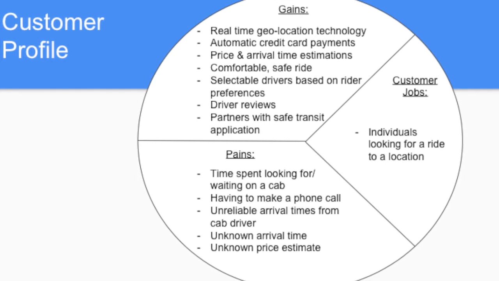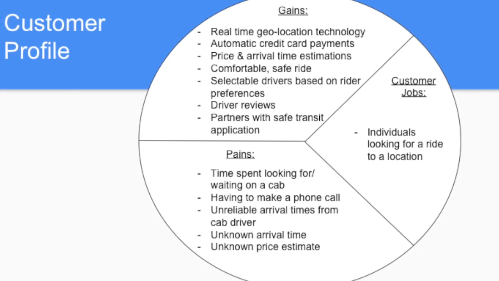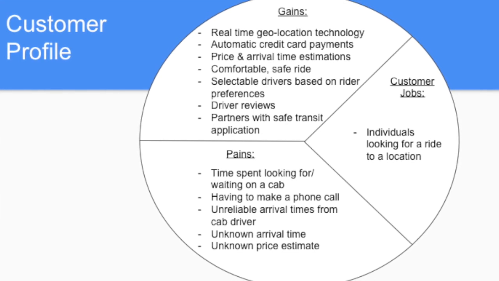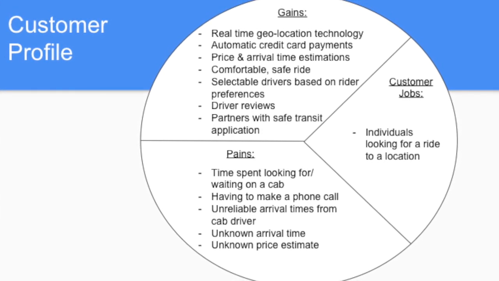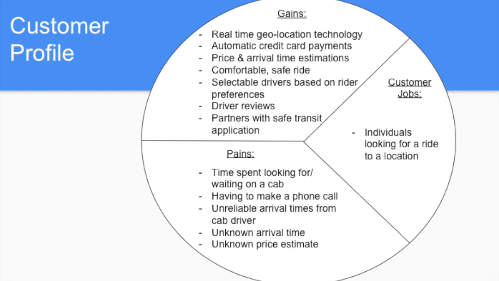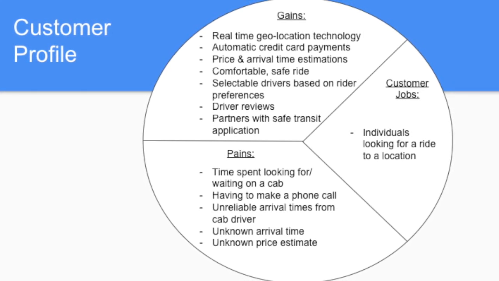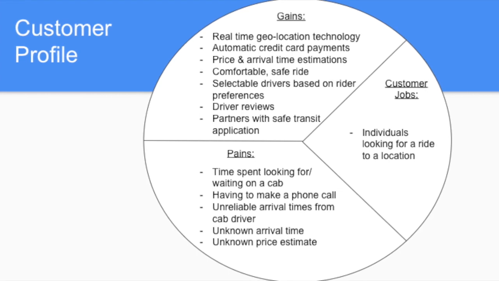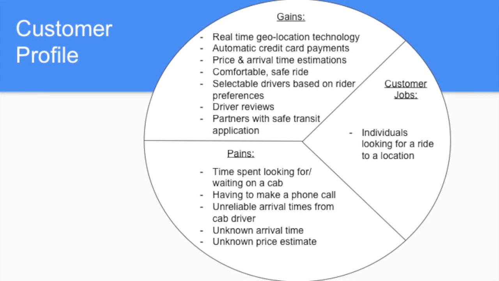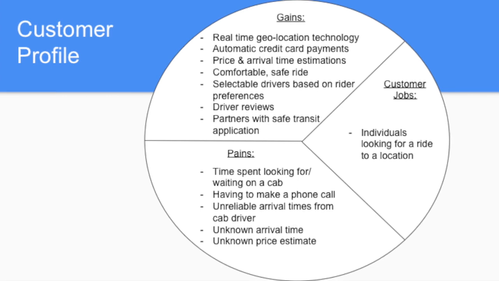This streamlines payments upon arrival at the destination, which eliminates the need for cash. A pain that Uber would alleviate for customers is the time spent looking for a cab, as well as unknown arrival times and unknown prices. Ideally, Uber would be creating thousands of these customer segments, depending upon who they would want to market to.